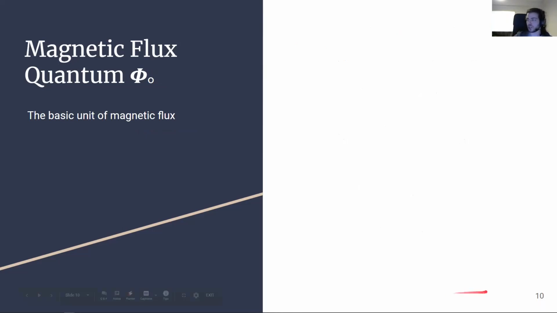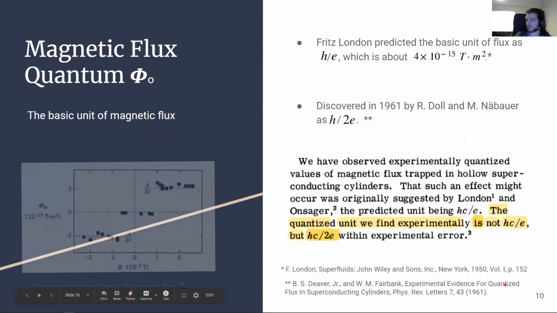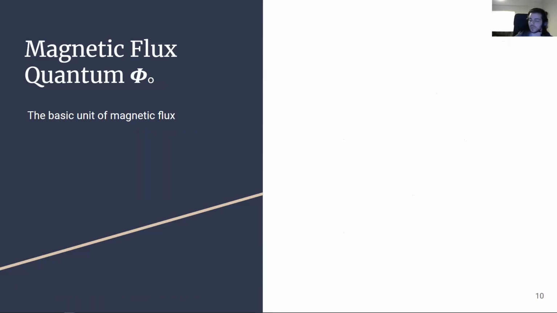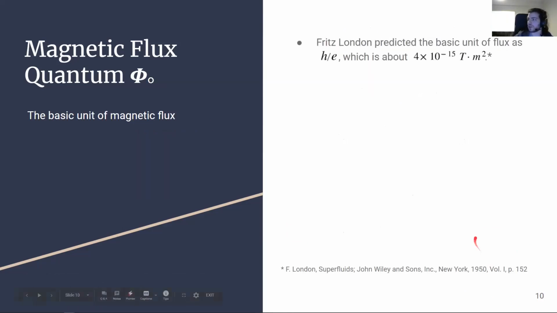He just put e here, since in a superconductor the charge carrying particle should be the electron, and its charge is e. So he said the basic unit of magnetic flux should be h over e, which is about 4 times 10 to the minus 15 Tesla meter squared, or in CGS units, 4 times 10 to the minus 8 Gauss centimeters squared.